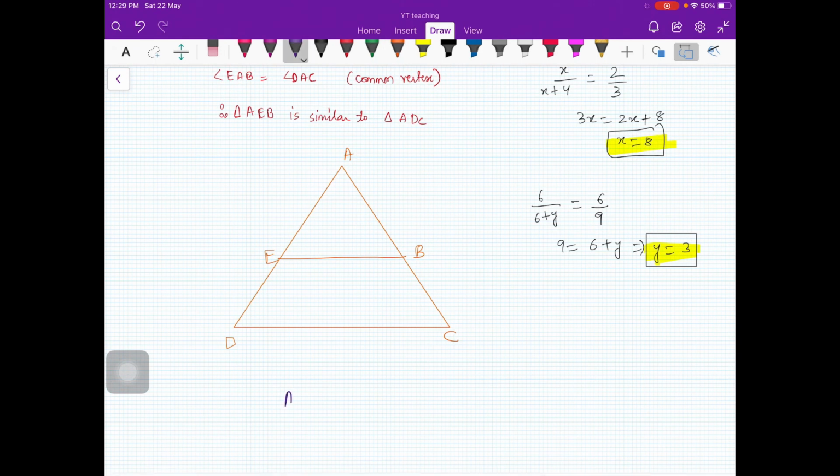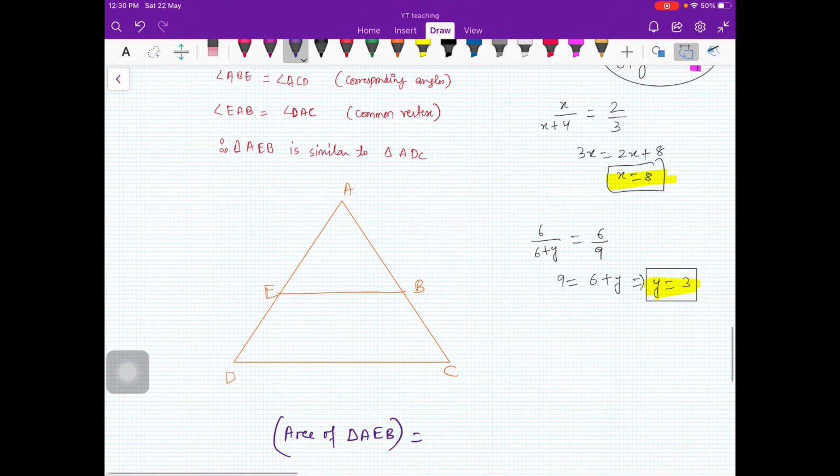So, we say that area of triangle AEB, which is a smaller one, is equal to, here we have calculated the side ratios. Side ratio is, because this side is 6, this side is 9 and triangles are similar. So, side ratio is 6 by 9, that is 2 by 3. Right.